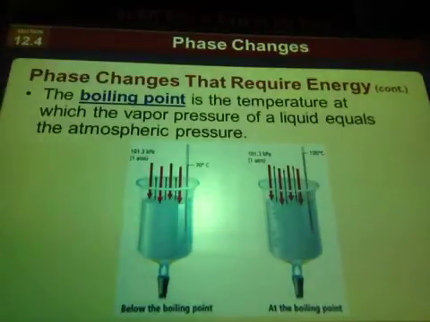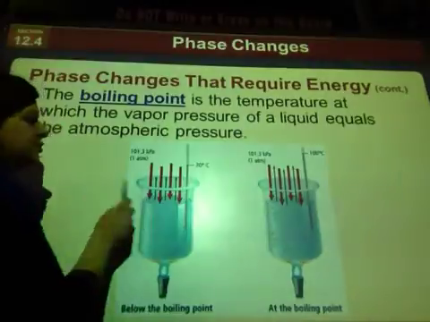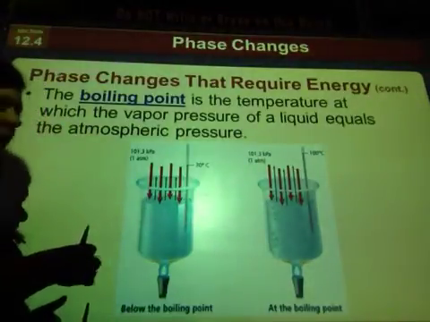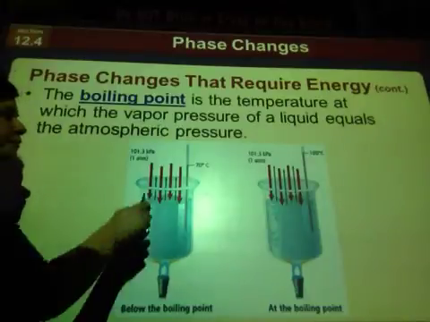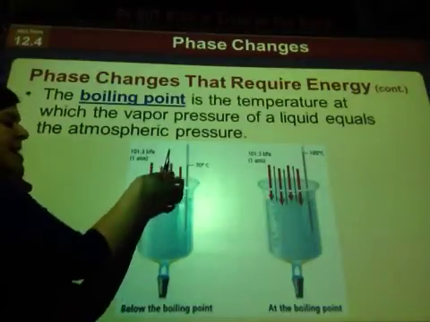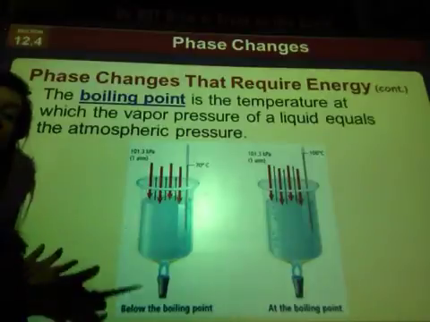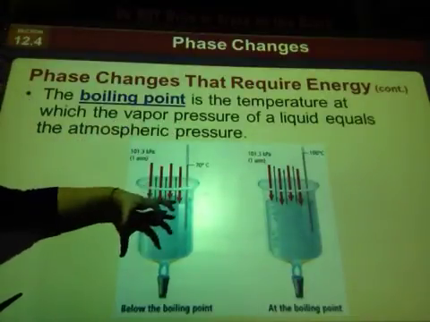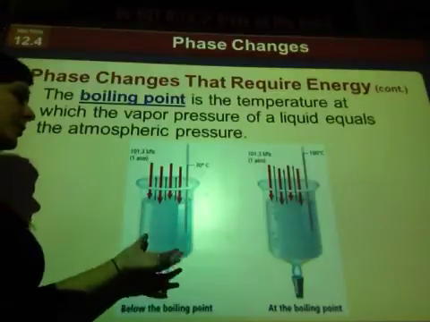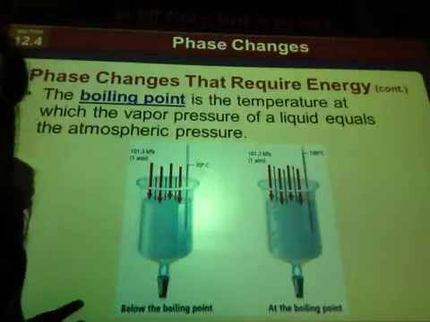But when a liquid has reached its boiling point, then the vapor pressure is going to be equal to atmospheric pressure. The difference in these diagrams, they tried to show based on the sizes of the arrows. These black arrows, which again represent vapor pressure, aren't as large as the red arrows, which represent atmospheric pressure. That just represents that the atmosphere is pushing down more on the water because the vapor pressure isn't strong enough.